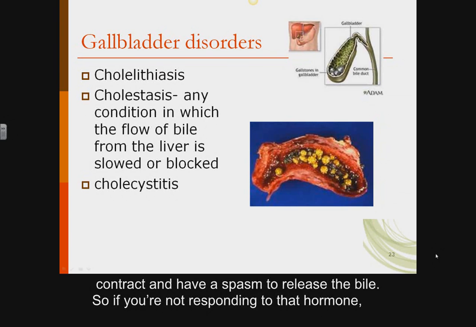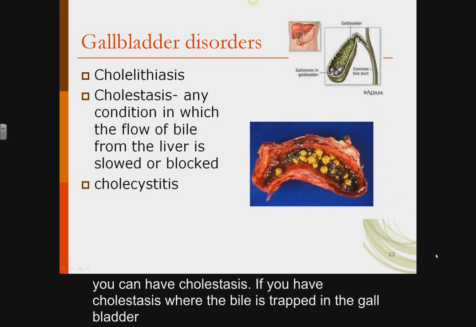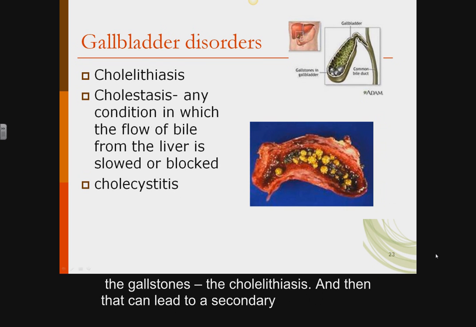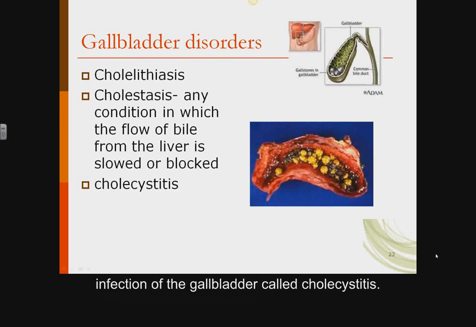If you're not responding to that hormone, you have cholestasis. If you have cholestasis, where the bile is trapped in the gallbladder because it can't be ejected, then those bile salts and cholesterol can start forming the gallstones, the cholelithiasis. And that can then lead to a secondary infection of the gallbladder called cholecystitis.